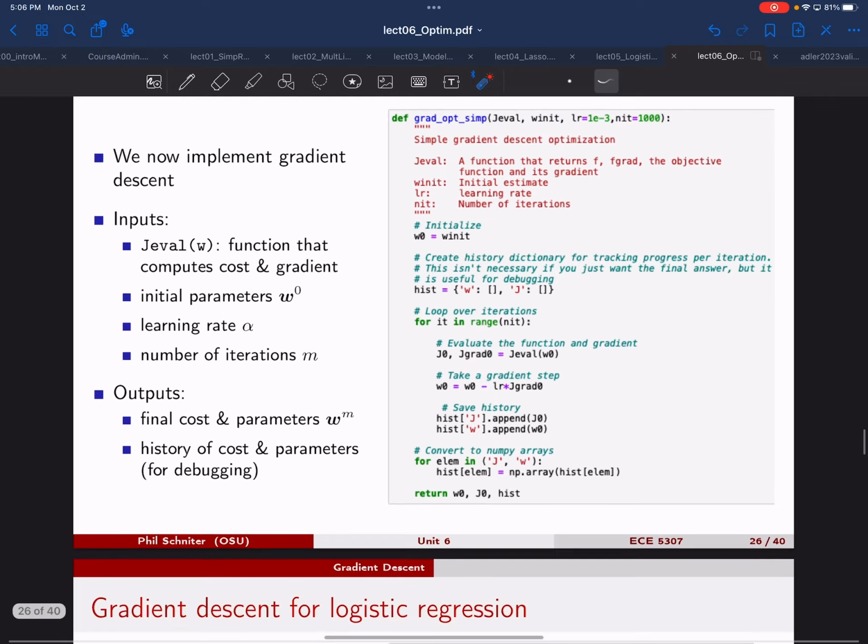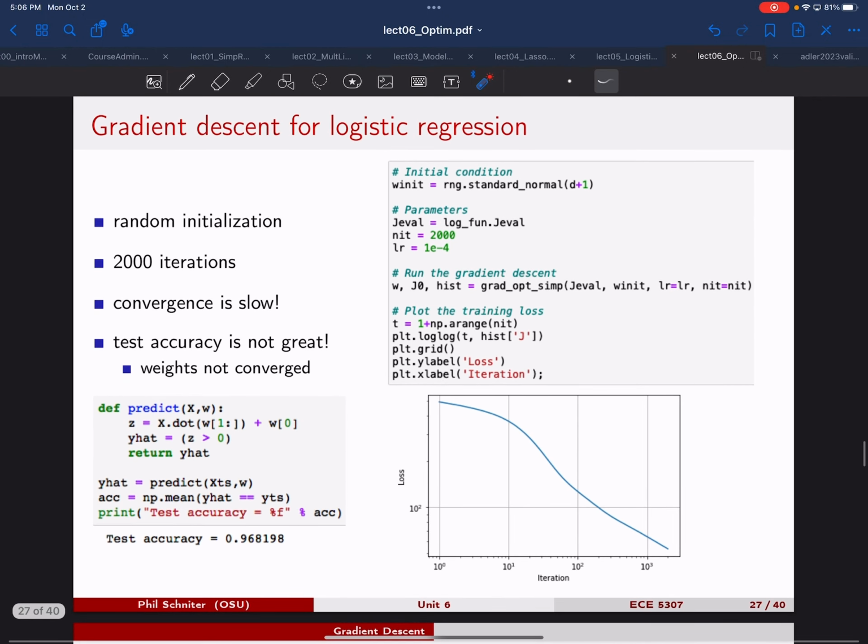So it's as simple as that to program it. And now we can put everything together. Let's initialize randomly. We're going to choose 2,000 iterations, a learning rate of 1e-4, and then run our simple gradient descent and plot what happens.